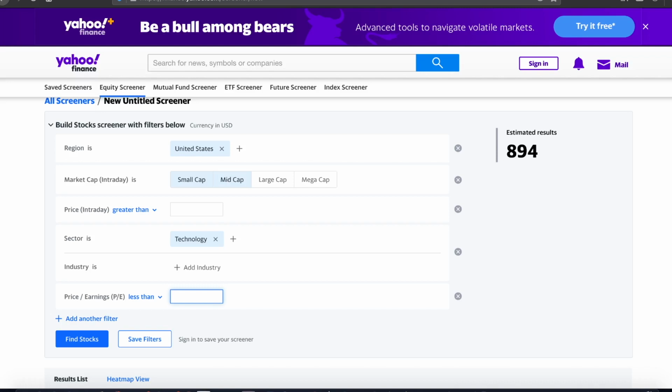So let's see, just out of curiosity, 5. Okay, so let's see if we can narrow it down. Let's do under $50. No, greater than, so less than $50. Less than $30. Okay, so a lot of these might be junk companies, but let's take a look.